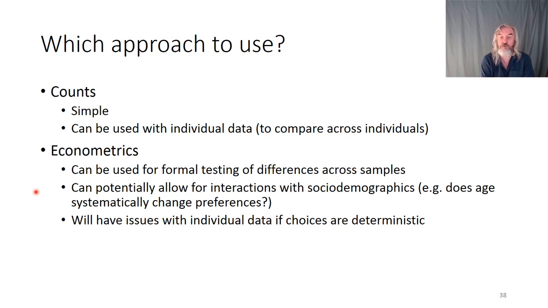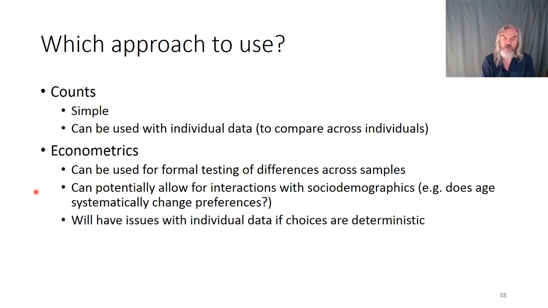That could be used for the experts: do the preferences change across time as people get more experience? It'd be difficult to do that using the counts data, but I can just introduce that statistically into the model. So it gives me a lot of flexibility to investigate these other determinants of choices.